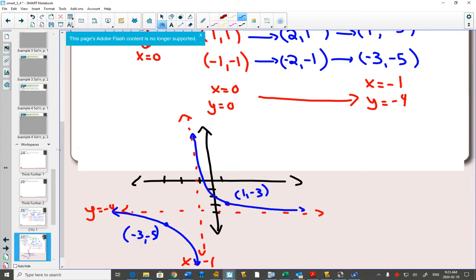And we've got the same shape as before, but it's been horizontally stretched by a factor of 2 and translated left and down. So again, going from left to right, no problem, and then being able to take your new points and put them on your graph will draw your new graph.